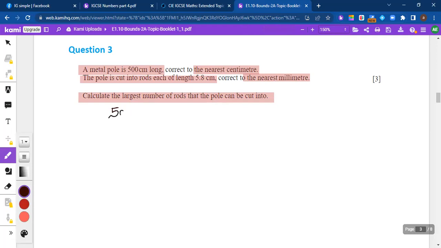So how about the 500? We need to find the upper and the lower. The upper bound will be what? The lower bound will be what?